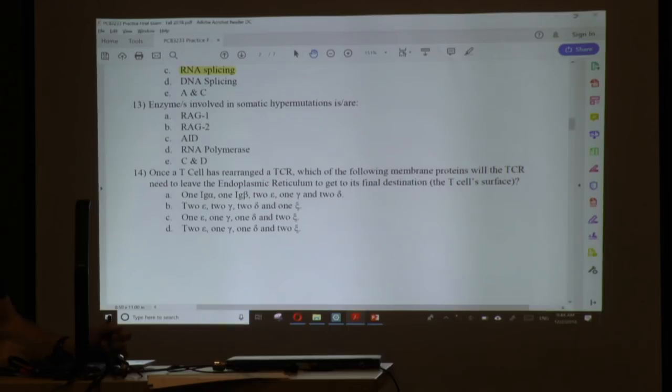AID, right? AID is the one enzyme that will turn C's to U's. And then another enzyme is going to come in and realize, oh my God, there's uracil in the DNA. What is going on? And it's going to fix that mistake really quick.